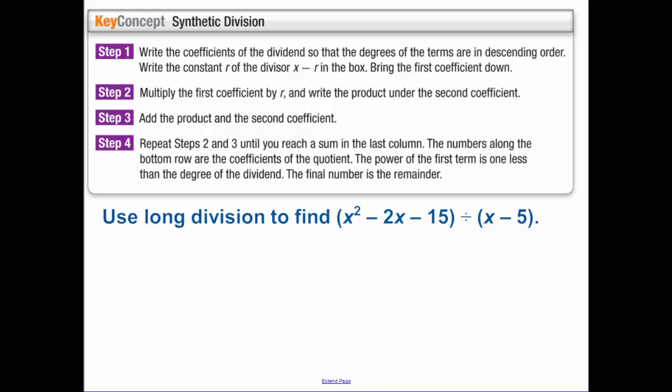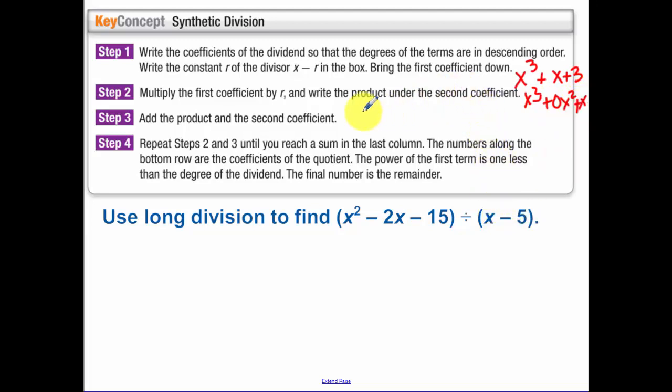Okay, synthetic division. There's actually an easy way to do long division by doing synthetic division. So write down these steps. You write the coefficients so that the degrees of the terms are in decreasing order. If you're missing a power, like if it goes from x to the third to x to the first plus 3, you're going to have to add in a 0 for your x squared term.